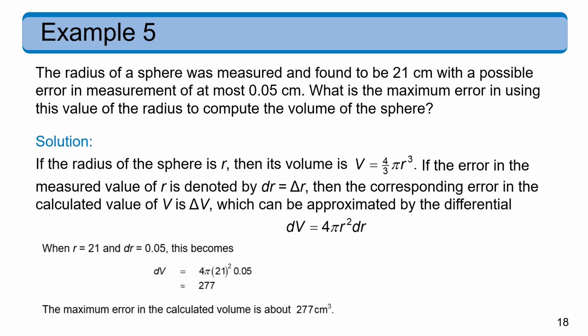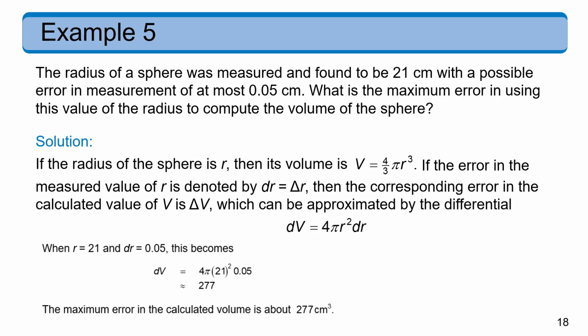So here we have a sphere, and we use our measuring tool to measure the radius of that sphere. And we found 21 centimeters to be the radius. But we know that our tool has an error of at most 0.05 centimeters. So we could be off by at most 0.05 centimeters in either direction.